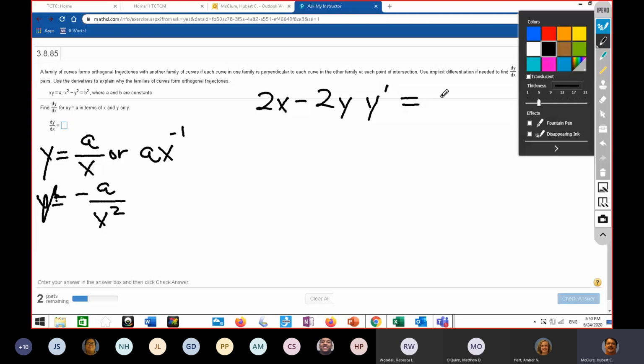Now, a lot of people say, well, Hubert, how do you get 0? Well, what does it say right here? It says somewhere in here that A and B are what? Constants. So I've got a B term over there, so that's going to come out to be 0.